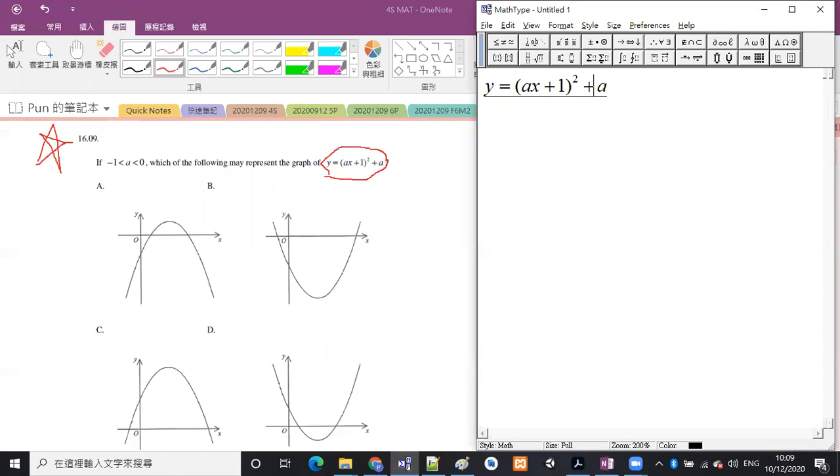Okay, can you see that? What is our AHK form? It is y equals a times (x minus h) bracket square plus k.